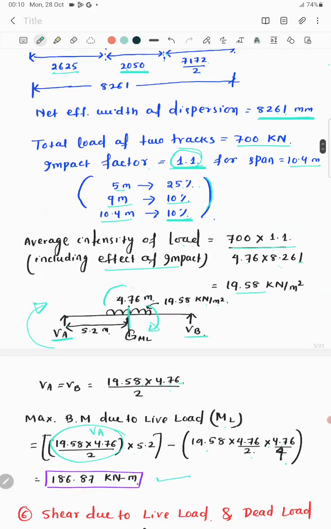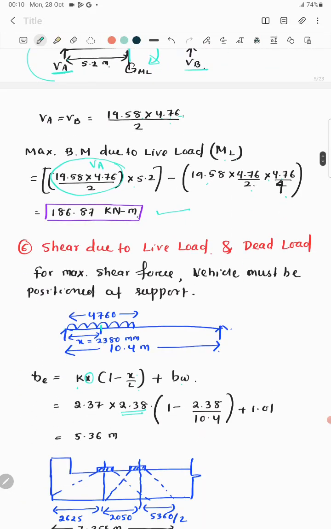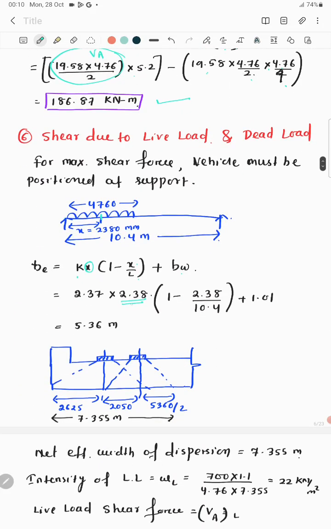So all the values will be constant except the x value, which is 2.38. After calculating, we got this effective width value as 5.36 meter.